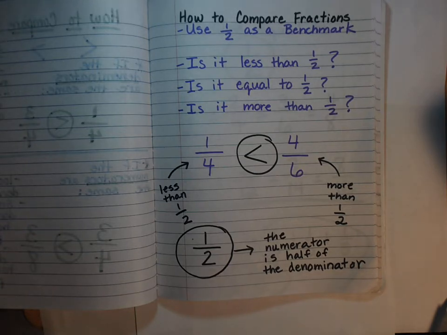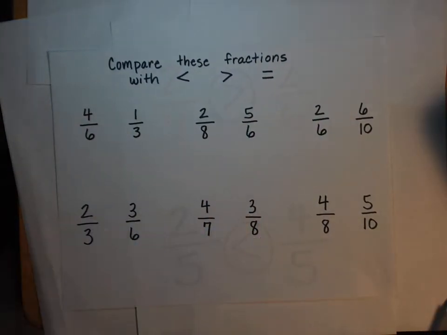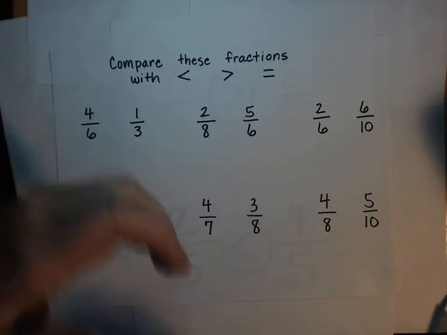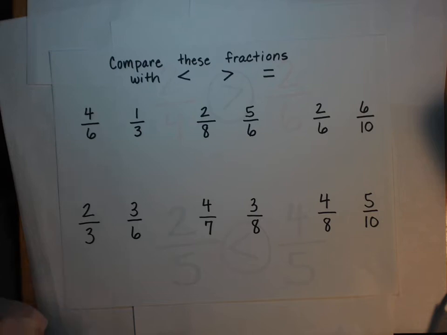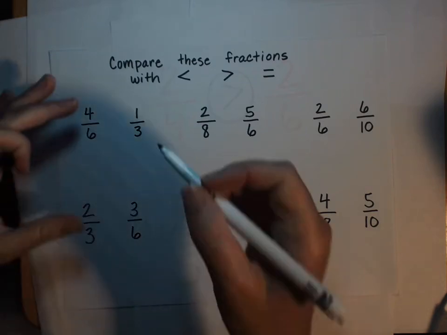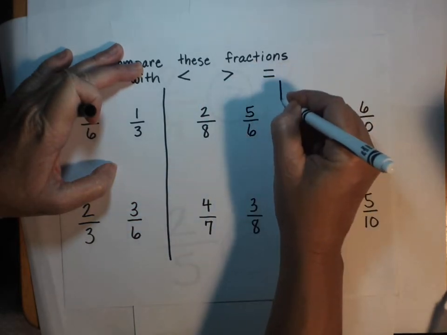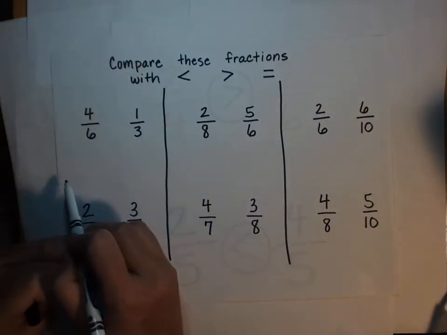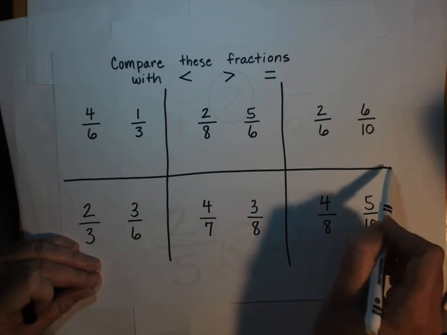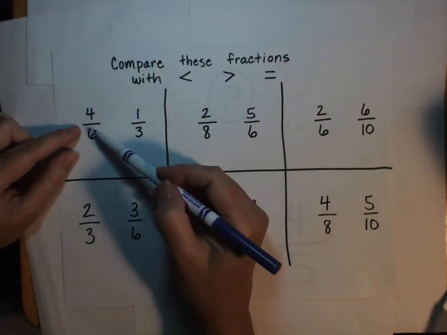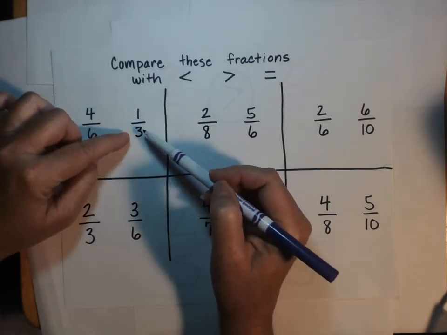Okay, so let me get my sheet here. Compare these fractions with less than, greater than, or equal to. There are two fractions in each group, and we're comparing. Okay, so I have 4/6 and 1/3.